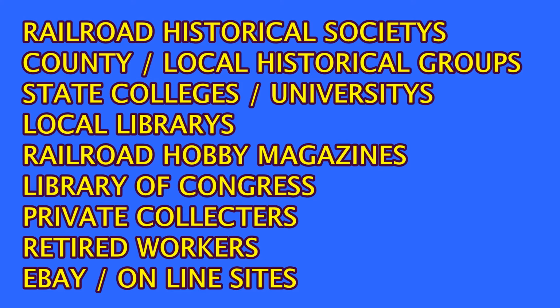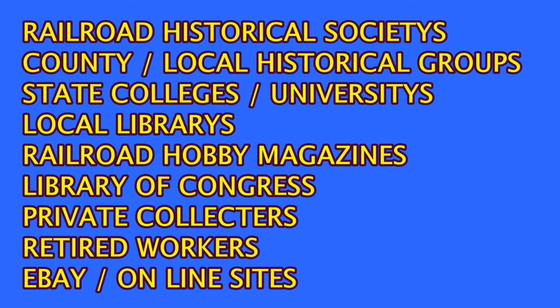They've recently moved into a new building and now it's really a nice research facility. But no matter what railroad you're looking for information on, support their local or that railroad's historical society, because if you support them, it's amazing how much information you can get through them. Even as a non-member, it'll probably cost you a little more, but it's amazing how much information they have.